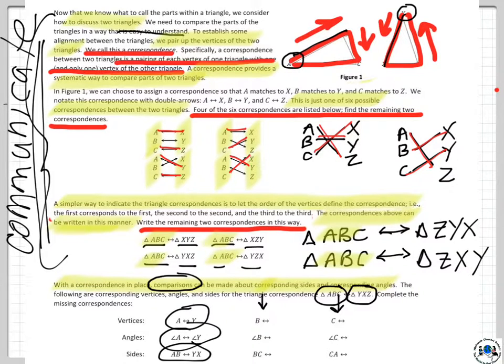Okay, so let's look at our missing correspondences. With vertex B, vertex X corresponds to it. Those are here and here, and of course angle B corresponds to angle X, which is in the same place, except it's not a point, but rather an angle. And then of course side BC corresponds to XZ.